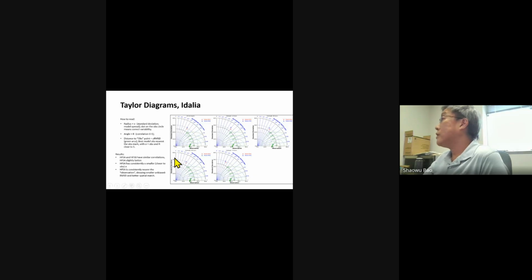But HAFS A has a smaller standard deviation than HAFS B, and the smaller standard deviation is closer to the observation. So that explains why HAFS A has a smaller unbiased RMSD than HAFS B.